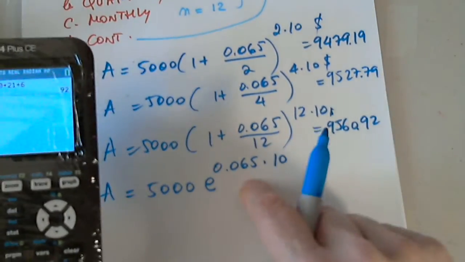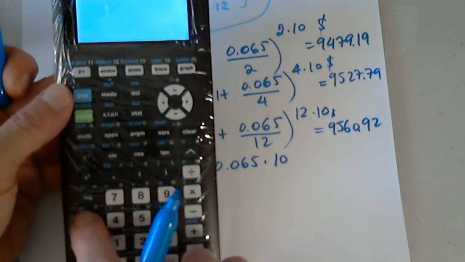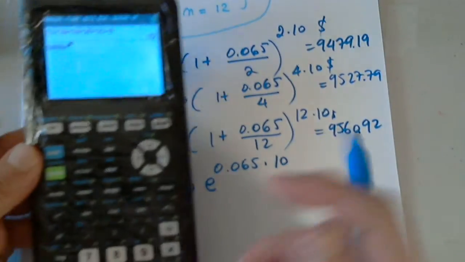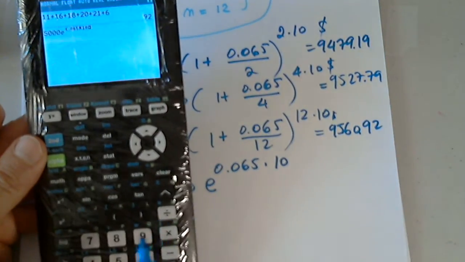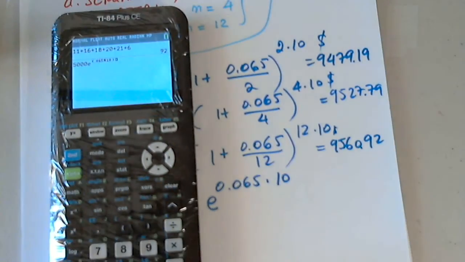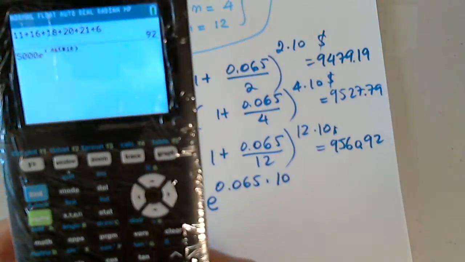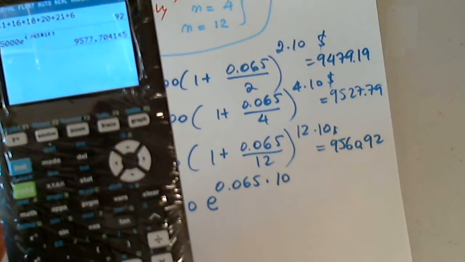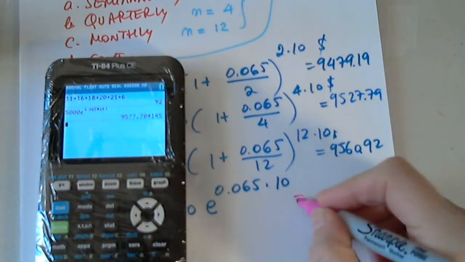And now, for the last one, I have no choice. It's alone. I'm not going to bother with it. Second and 10 to the x, in parentheses, 0.065 times 10, and close. This calculator may not need parentheses around the power, but I don't know what kind of calculators you have, so I will always use them. Okay, so 9,577.70.